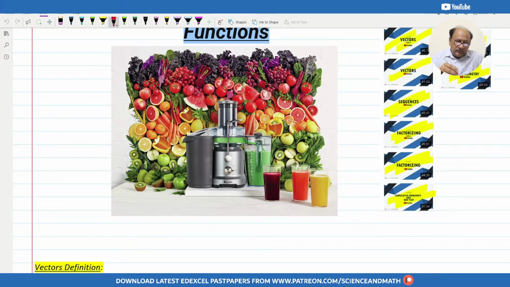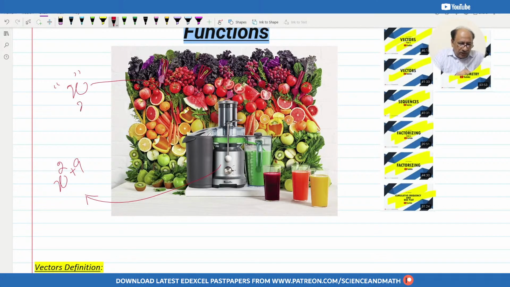So we have a mathematical machine, which you can call a mathematical juicer machine. If we put x into this mathematical juicer machine, it will give us, for example, x square plus 9.